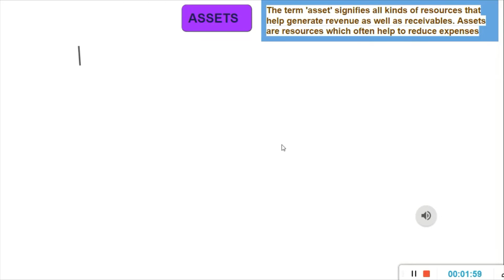What is an asset? In simple way, we can say that an asset is something useful or valuable that we are having. Asset is a support for the business. When we call a person an asset, what do we mean by that?